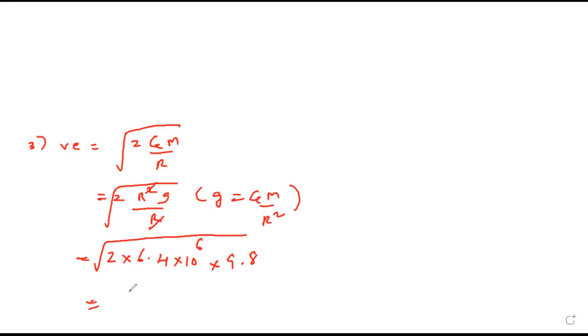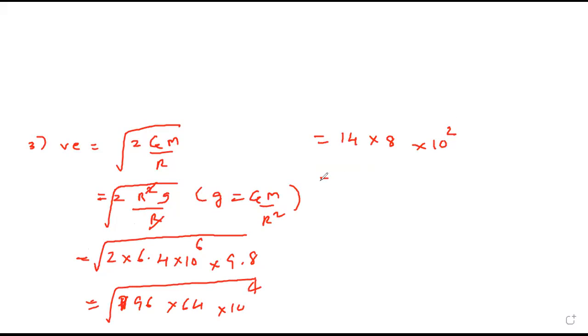So total it becomes 2 into 98, 196 into 64 into 10 raised to 4. I remove the 2 decimals here. 196 square root is 14, 64 square root is 8, 10 raised to 4 becomes 10 raised to 2. So 112 into 10 raised to 2 meter per second, which will be 11.2 kilometer per second. So escape velocity from the surface of earth is 11.2 kilometer per second.